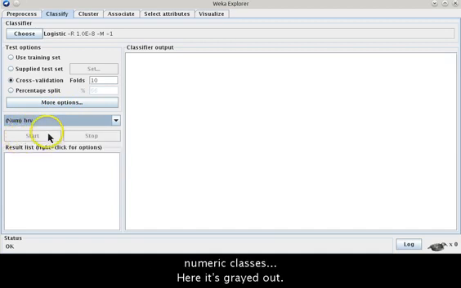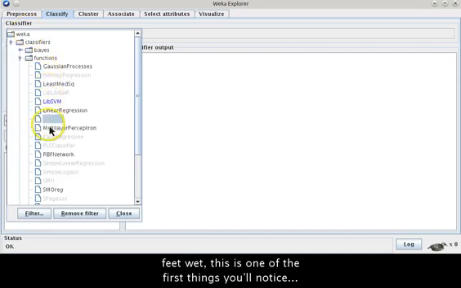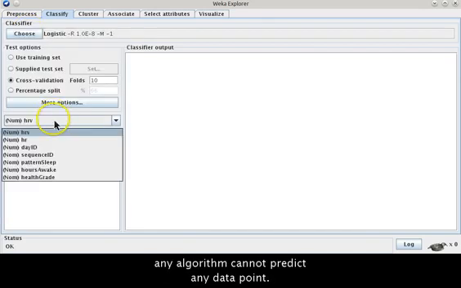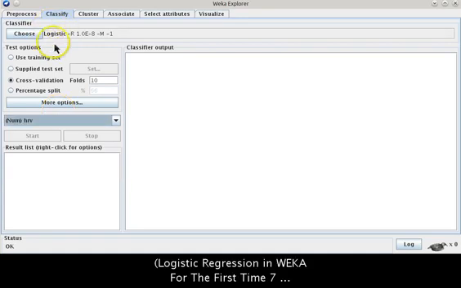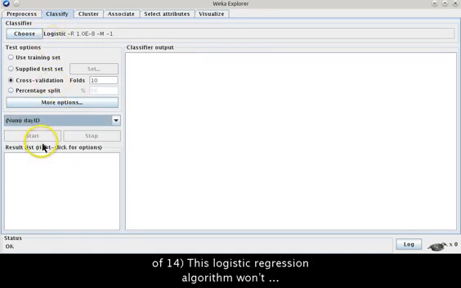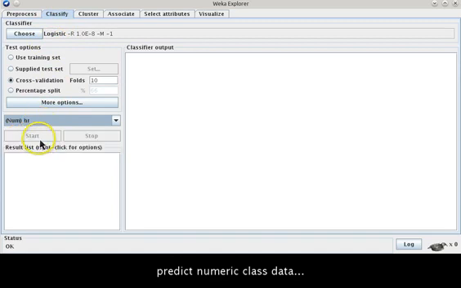Here it's grayed out, but when I did it, there was an error and it said cannot handle this type of class. So in WEKA, when you get your feet wet, this is one of the first things you'll notice. Any algorithm cannot predict any data point. This logistic regression algorithm won't predict numeric class data, but it will predict nominal class data.